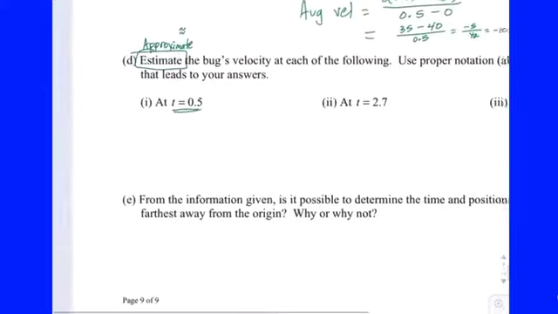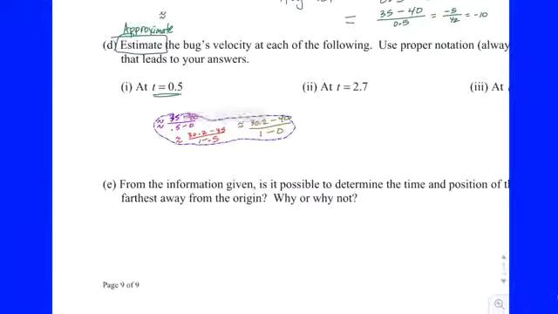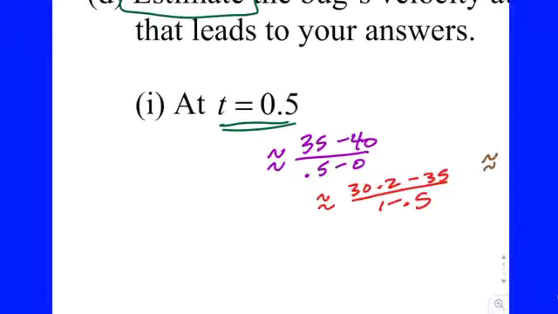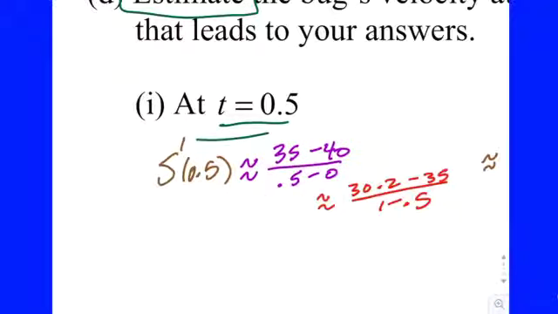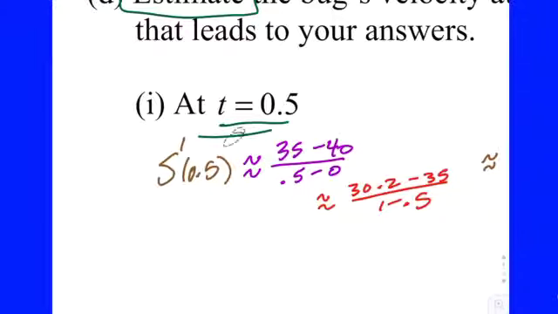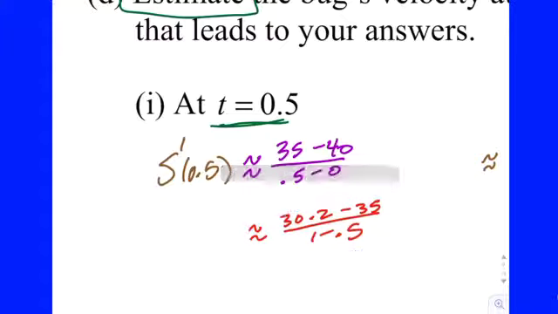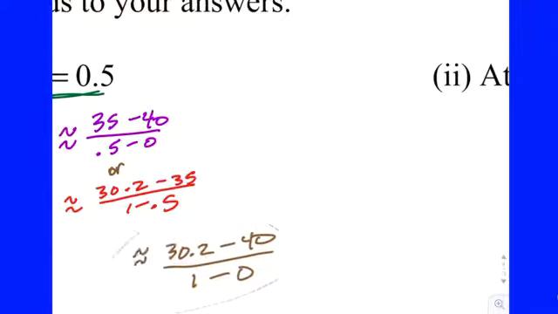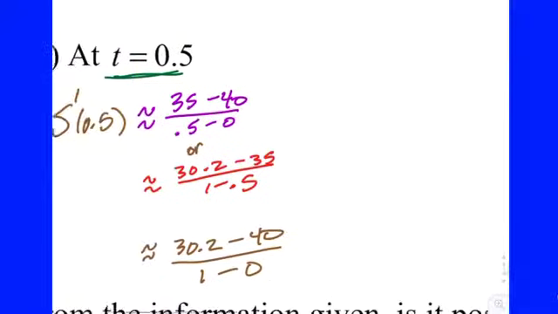Now, that is not all we need. Any one of those would work, but what we really need to do is put S prime, in this case, of 0.5, and then the squiggles, okay? So the derivative is approximated by that difference quotient, or by that difference quotient, or by this difference quotient.